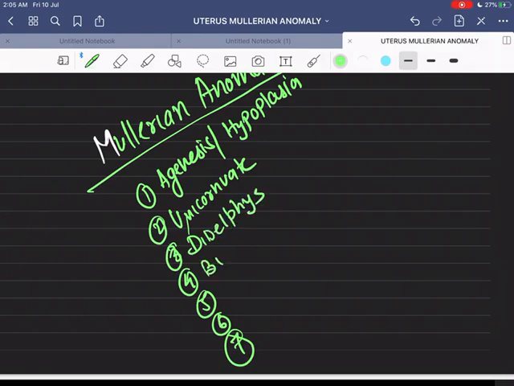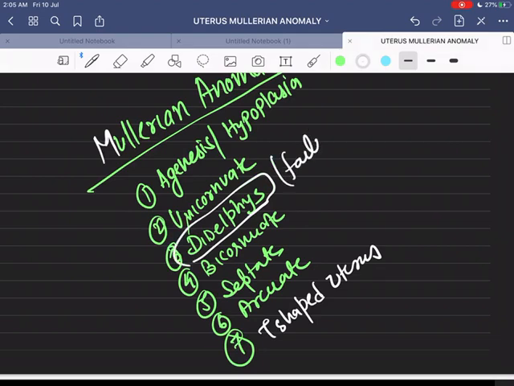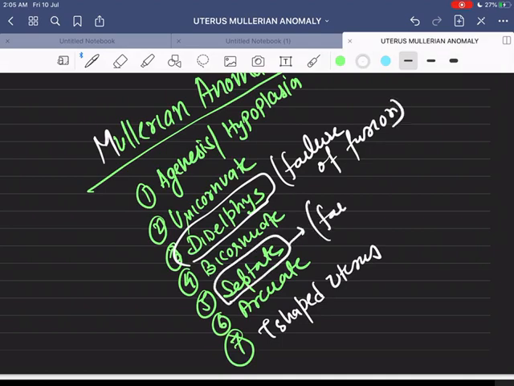Fourth is bicornuate. Fifth is septate. Next is arcuate, and last is T-shaped uterus. Of these, didelphys is a disorder of failure of fusion, whereas septate uterus is a failure of resorption.